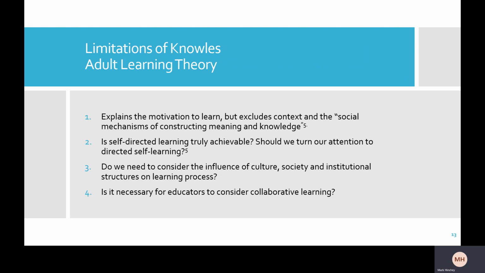So in the 6 adult learning principles, there's a tendency that although experience, readiness to learn, and orientation to learning are part of the 6 principles, there's not enough focus on individual or group context.